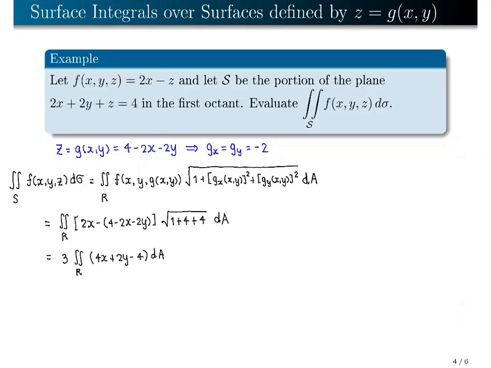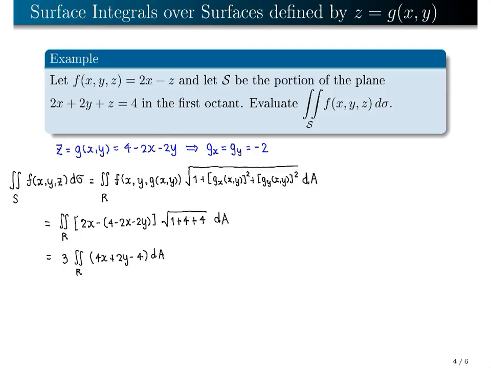This means that graphically, region R is the shadow of surface S on the xy plane, or the projection of surface S on the xy plane. If region R is not explicitly stated, which is the case in this example, it is then helpful to sketch surface S to locate region R.